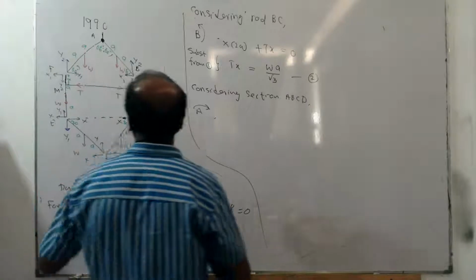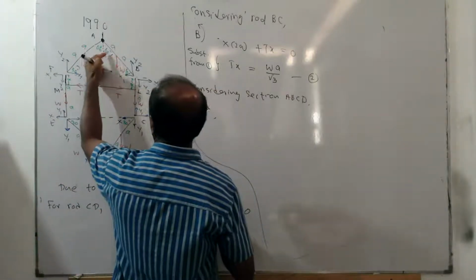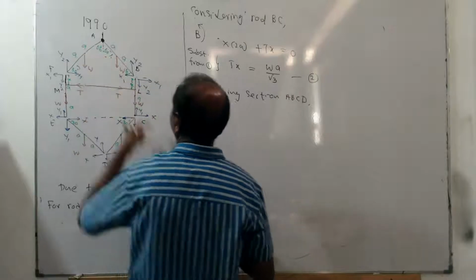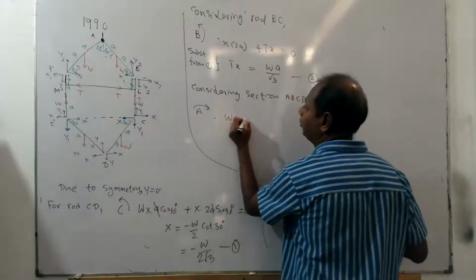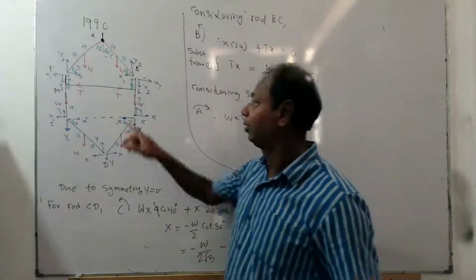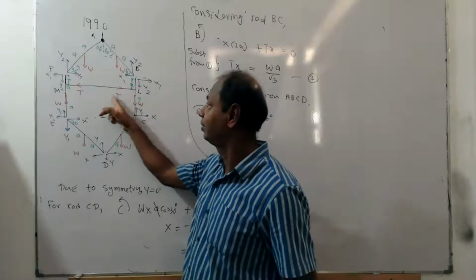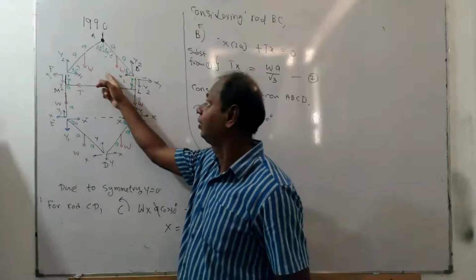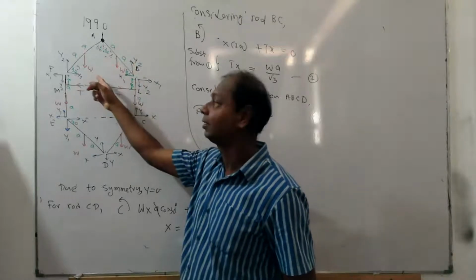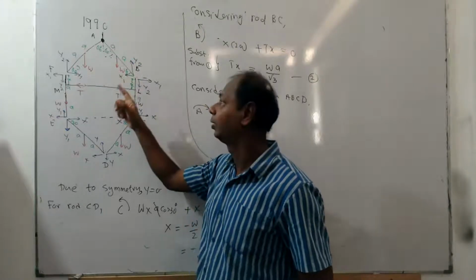So let's write plus W into the distance, A sine 60. W into A sine 60. Plus this W into the distance, which is 2A sine 60, or cos 30, same.